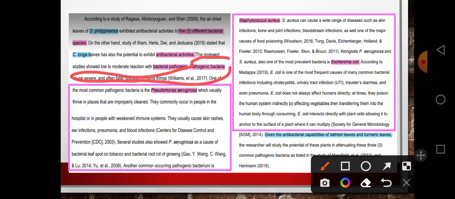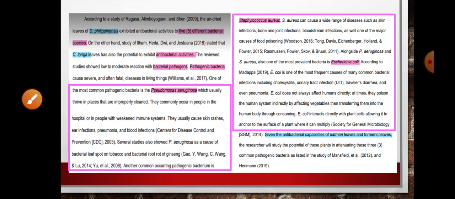We discuss Pseudomonas aeruginosa, Staphylococcus aureus, and Escherichia coli. Try to analyze the discussion regarding such dependent variables. What should be discussed about the dependent variable? Is the discussion positive or negative?